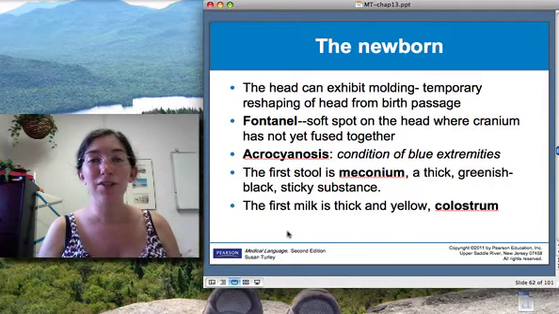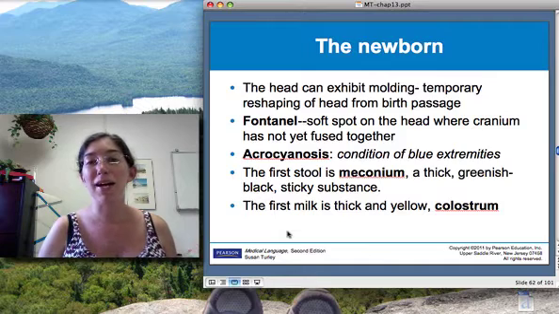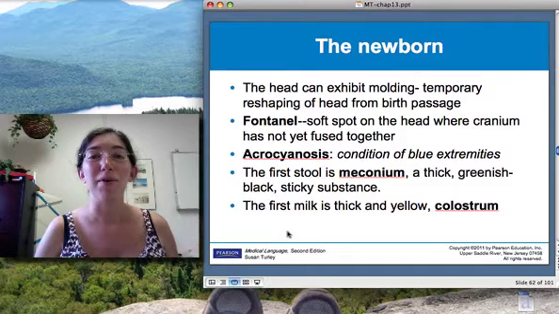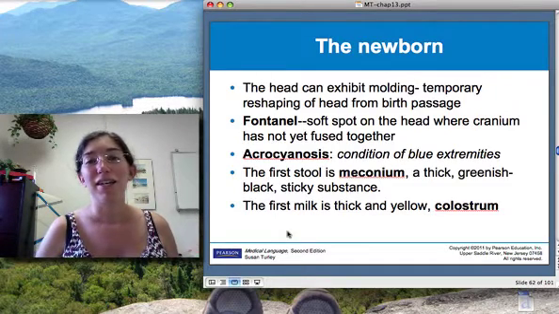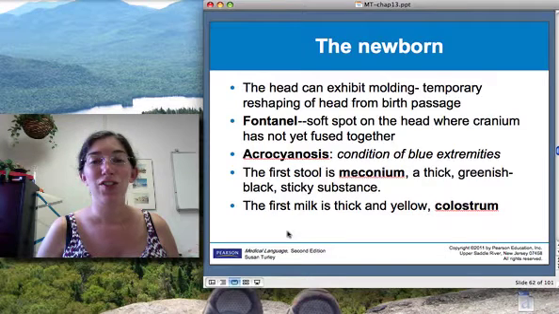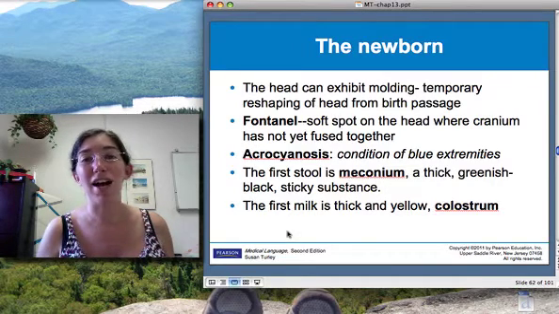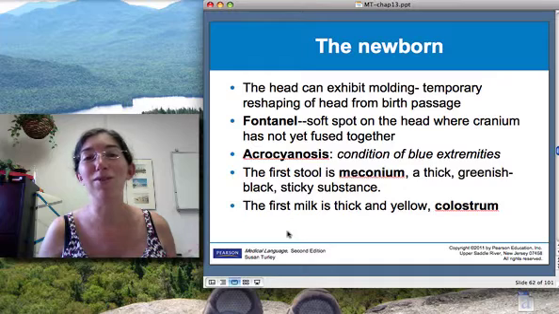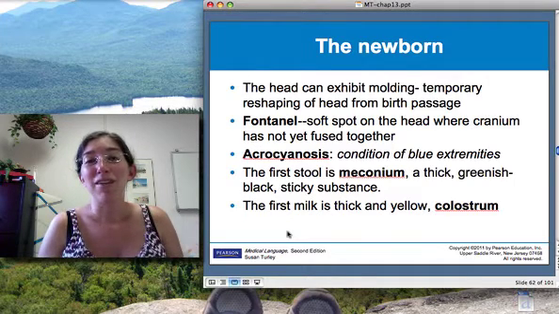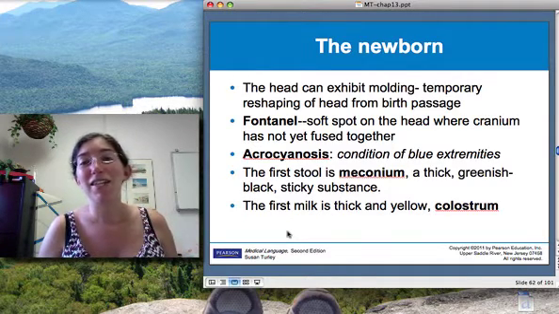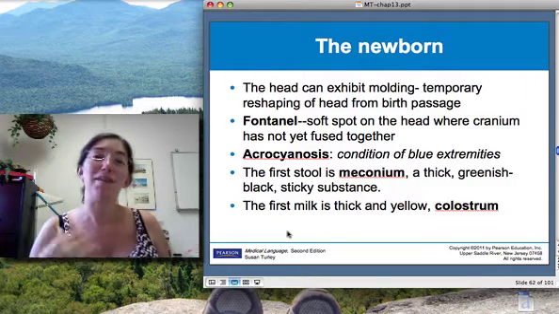The first stool that is produced by an infant is referred to as meconium. It's blackish, greenish, really sticky and nasty, and it has to do with the fact that the only thing they've been eating for the last however many months in utero is amniotic fluid.